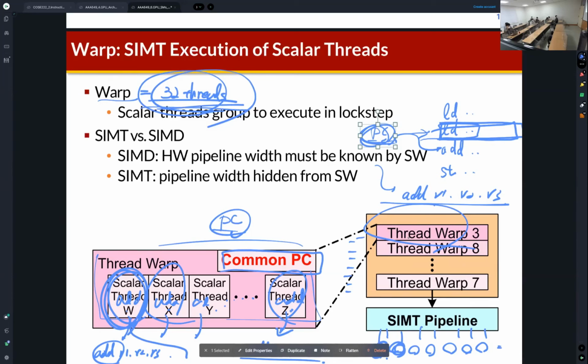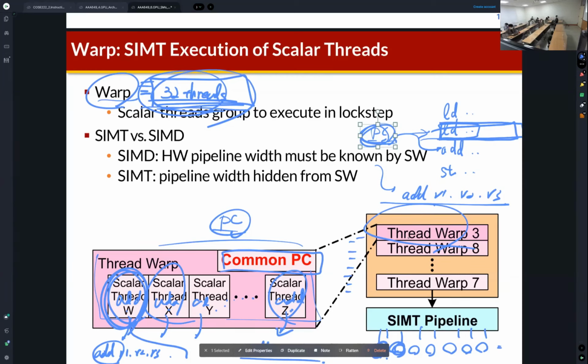The GPU groups multiple threads, 32 threads, and these 32 threads are included in the same CTA, because I mentioned that a CTA is a thread block. The GPU generates multiple CTAs, or thread blocks, from the same kernel.